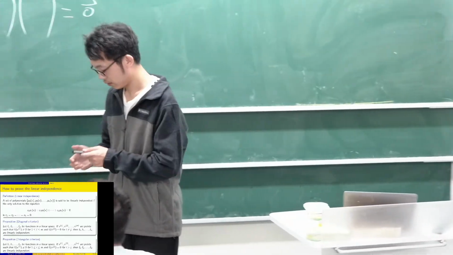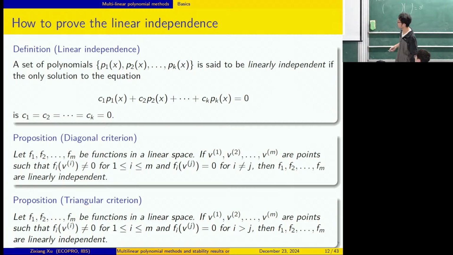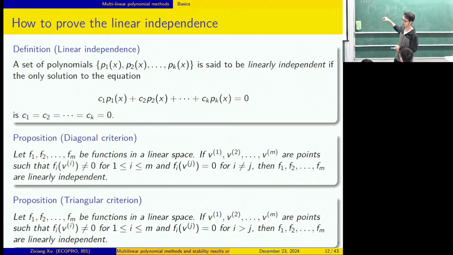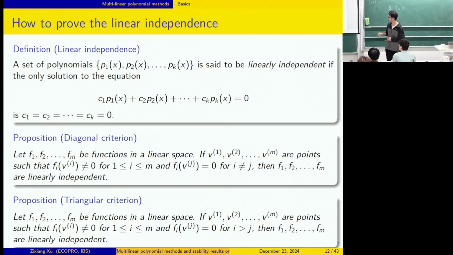Okay. So there are some simple propositions. The first proposition states that suppose the coefficient matrix is diagonal, then of course it's linearly independent. And the second one states that suppose the coefficient matrix is lower triangular with non-zero diagonal entries, that's also linearly independent.